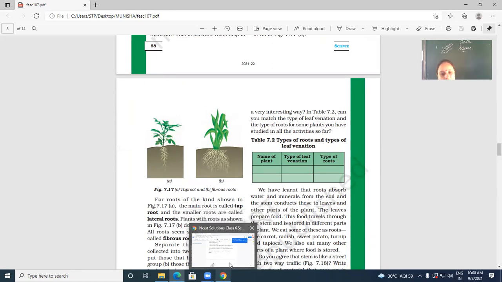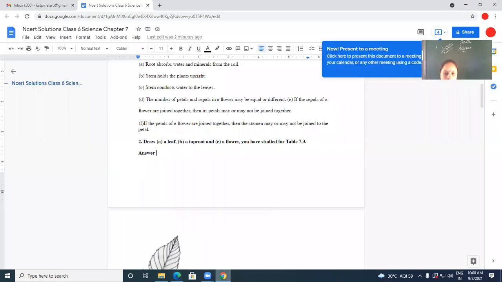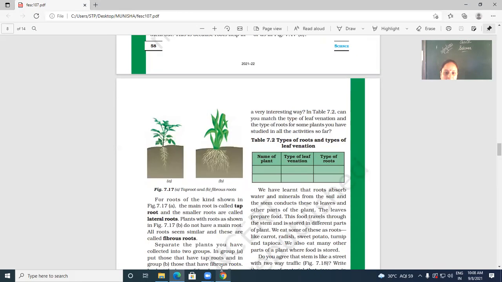Right? Figure 7.17, A part. You only have to draw the taproot. Okay? And the third one, they are asking a flower.